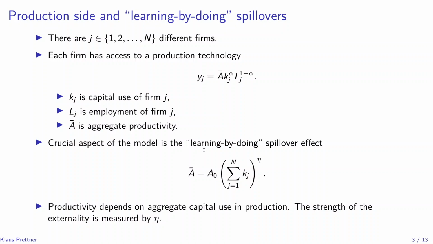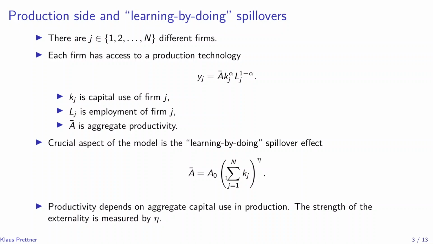And the crucial aspect of the model is now that this aggregate productivity, A bar, is determined by the learning by doing spillover effect, where the production of the different firms using physical capital raises productivity at the aggregate level. So this A bar is a function of some baseline productivity, A0, and the total use of aggregate capital in the economy, so the sum over the capital stocks of all firms from j equal to 1 to uppercase N of the capital used in all these firms.